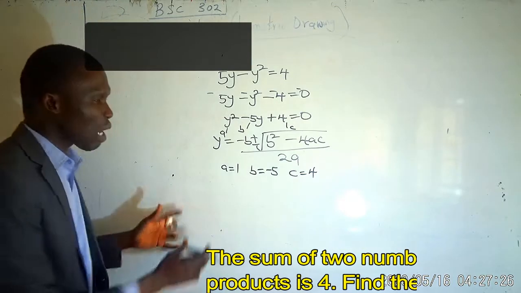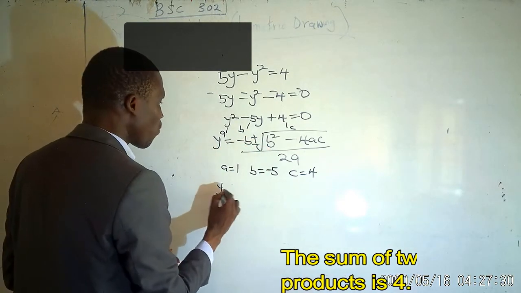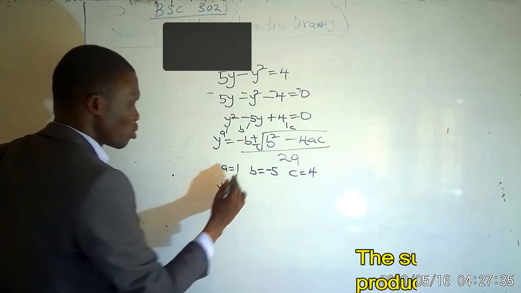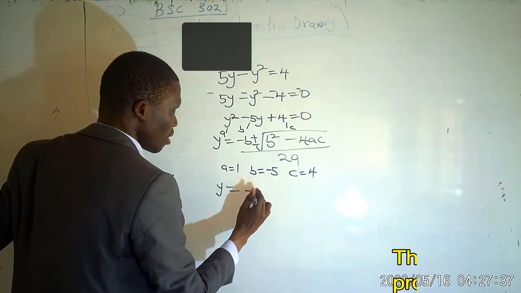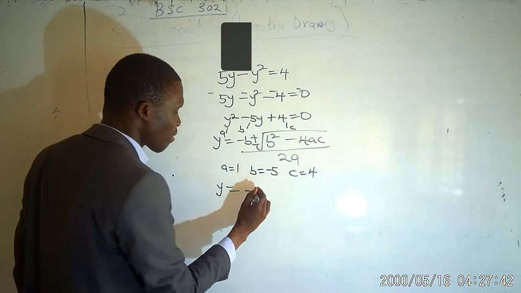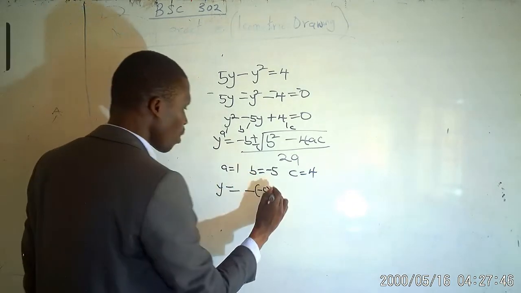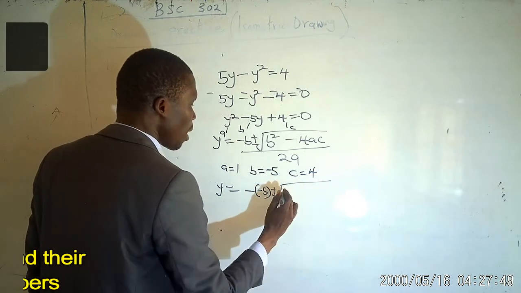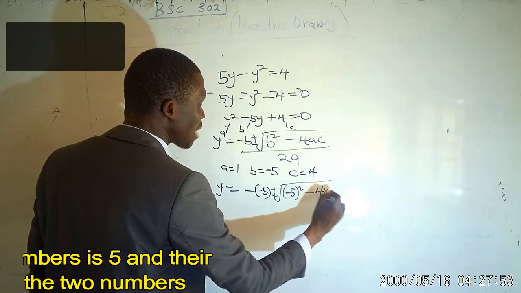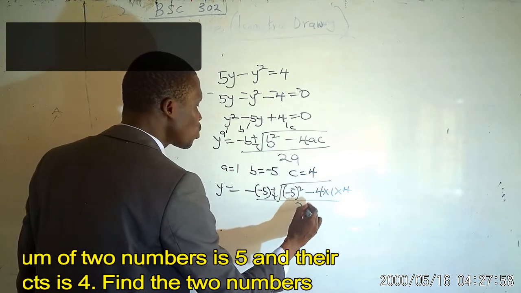So now we want to apply this into this equation. Doing that, we are going to have y equals to minus, remember there is minus here. Then we have b to be minus 5. Minus 5, put it in brackets so that we don't get confused. Plus or minus root of minus 5 squared minus 4 times 1 times 4, divided by 2 times 1.